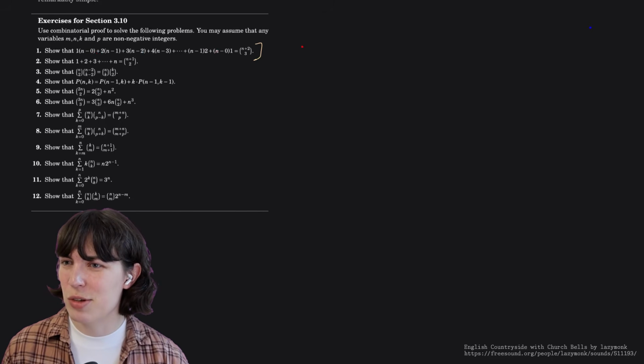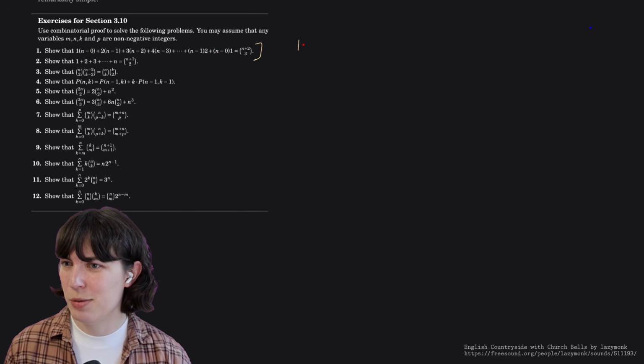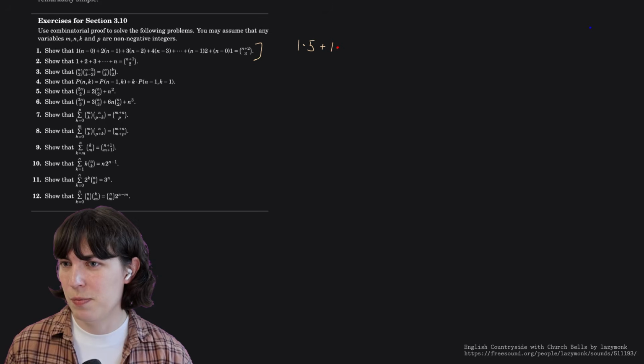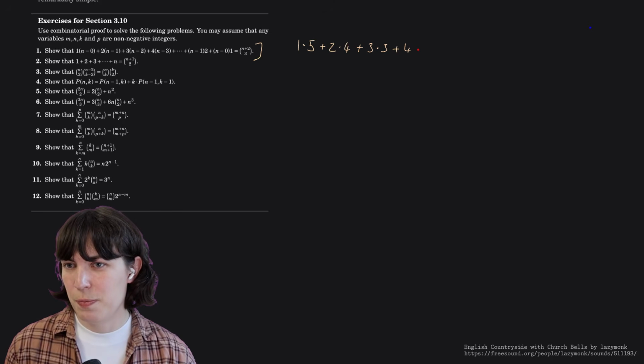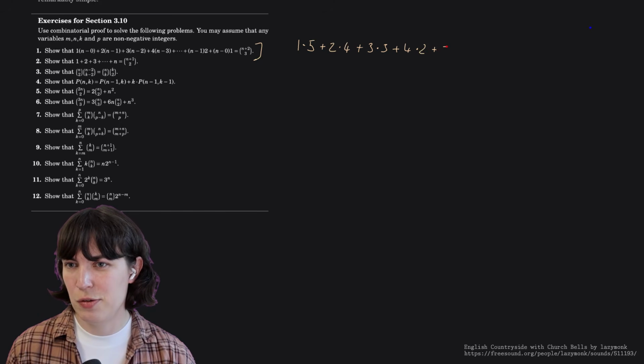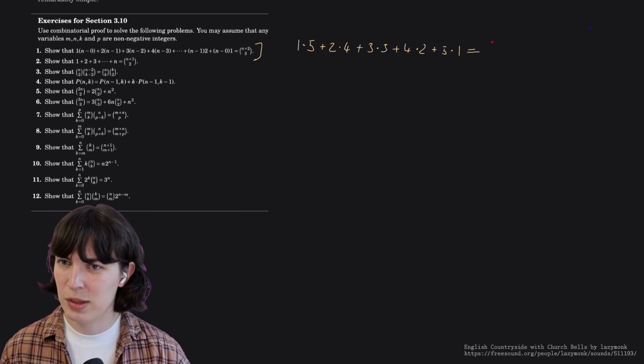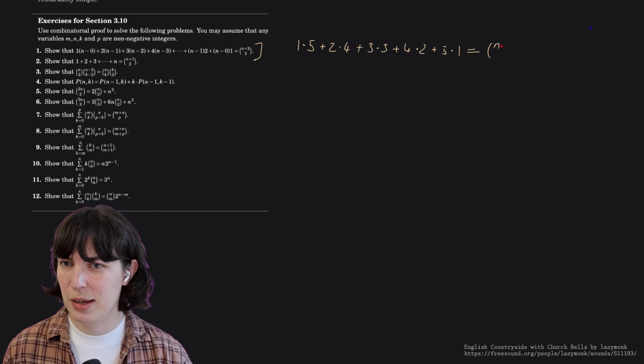Right, okay. So a sequence like this might look like 1 by 5 plus, sorry, wrong, 2 by 4 plus 3 by 3 plus 4 by 2 plus 5 by 1 equals, well, n plus 2, choose 3.